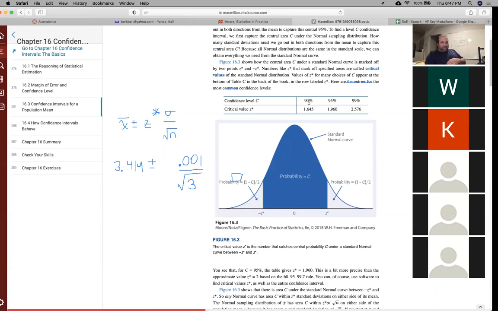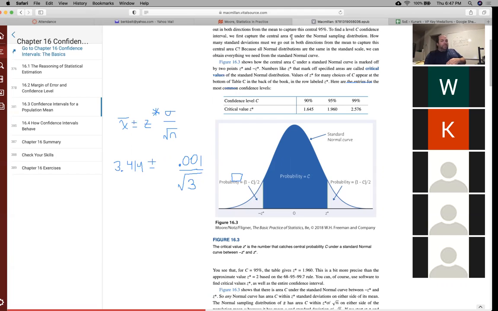If it was 90%, it will be 1.645. If it was 99%, it will be, can anyone guess? Don't try too hard. Anyone? It'll be 2.576.